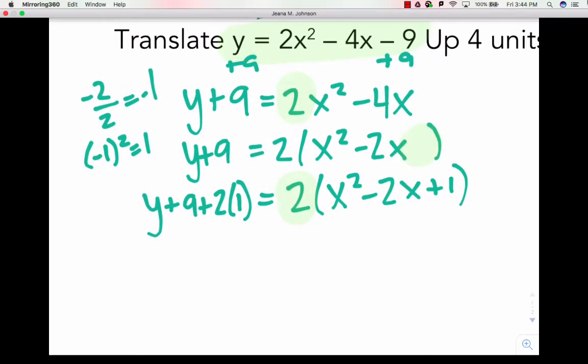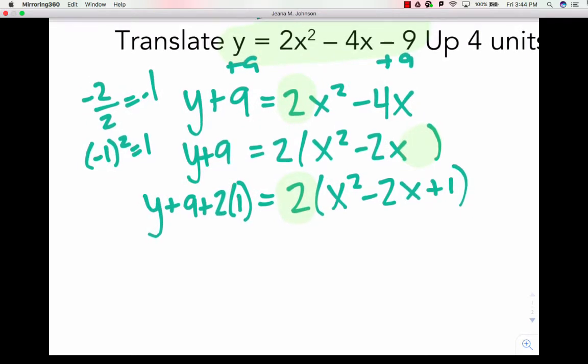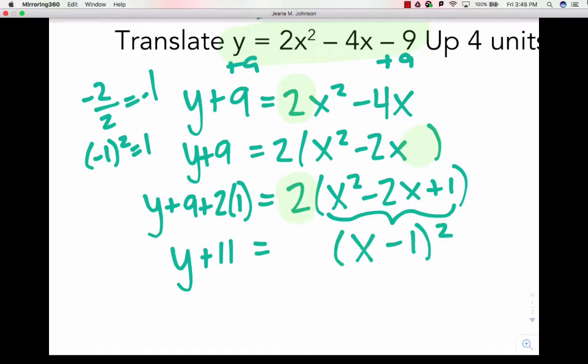Now when I go through and simplify the left side, I have y plus 9 plus 2, which is y plus 11. And on the right side, I'm going to take just my parentheses, and I'm going to write that as my factored expression. So x squared minus 2x plus 1 becomes x minus 1 squared.